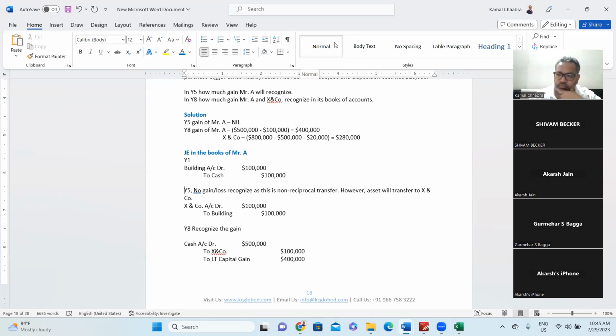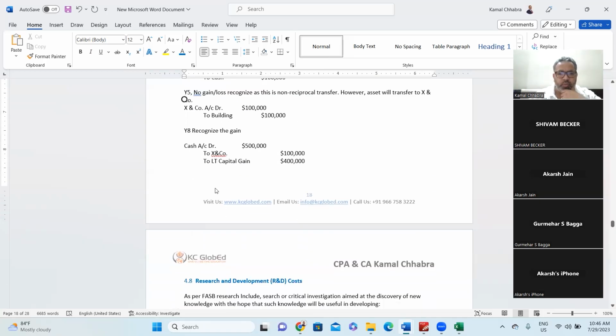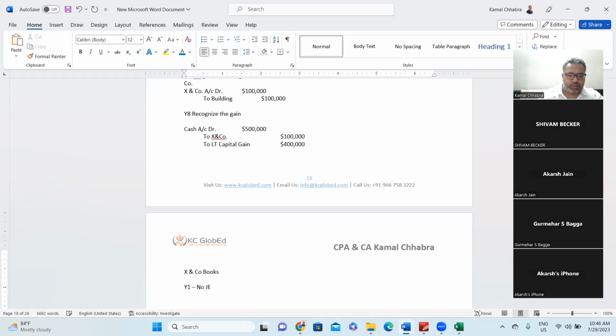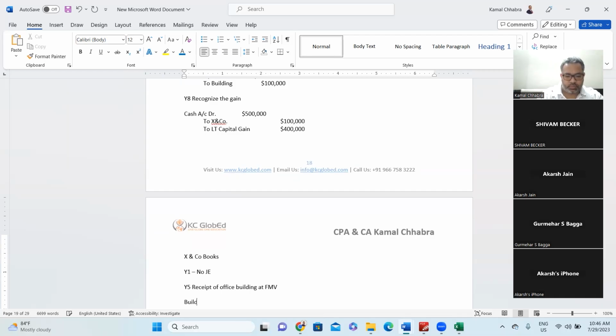Sir, let us look at this in the case of X and Company, where the main thing will come in, the 280 and all those things. So now maybe we can continue with X and company books. Year 1, no gain, right? In year 5, receipt of assets at fair market value. So that is building account debit.